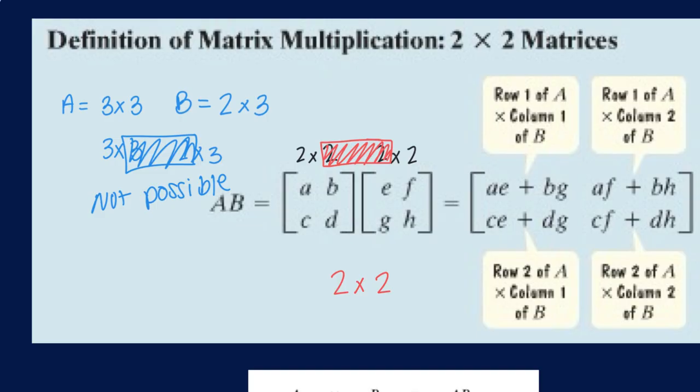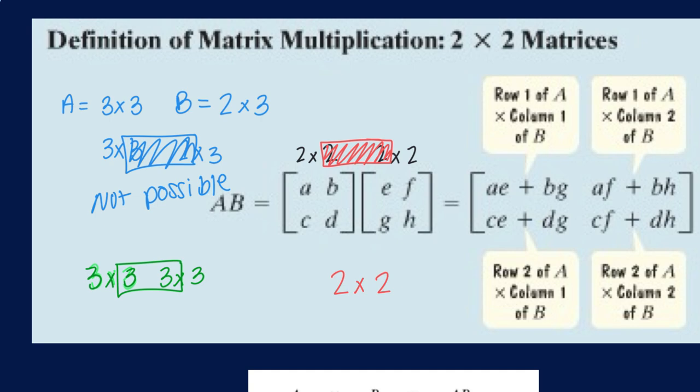Again, another example, if I have a 3 by 3 and a 3 by 3, I have the same inner, so my solution in this case will be a 3 by 3.